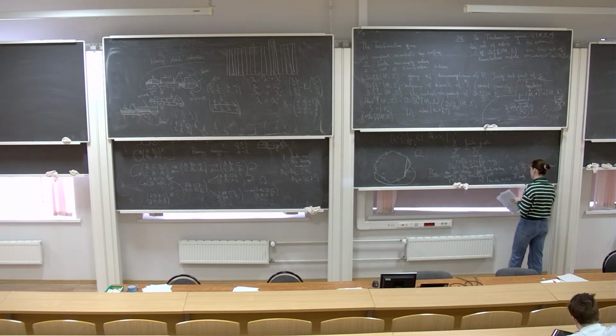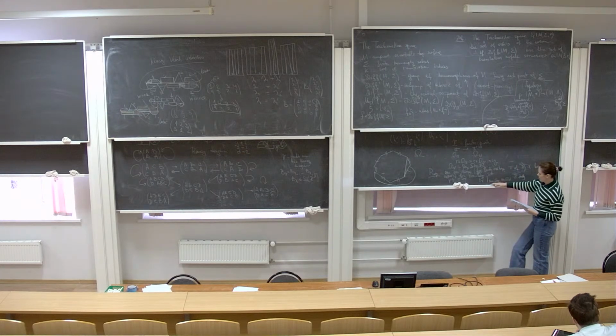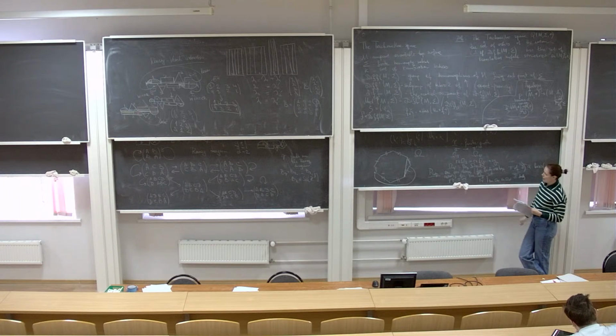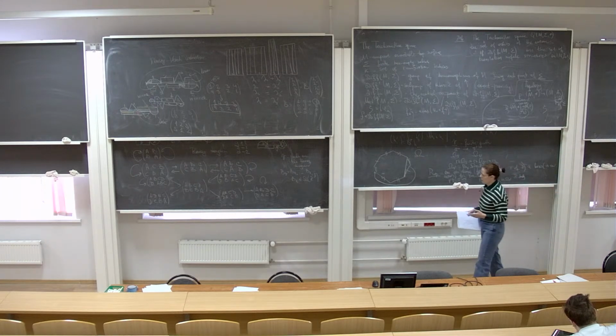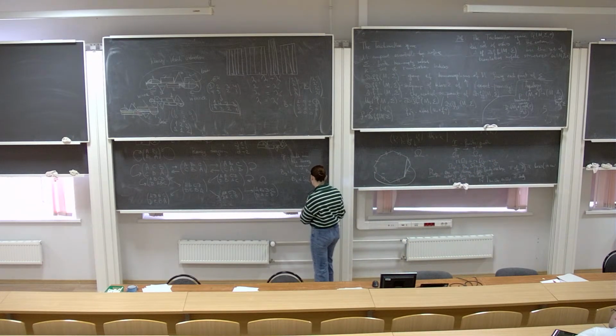In particular, if I have a loop and I restrict just to the kernel, then it will be an identity. So the symplectic nature of these matrices is very important. We will use it a lot in the future.